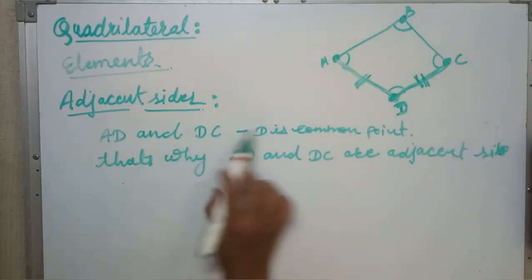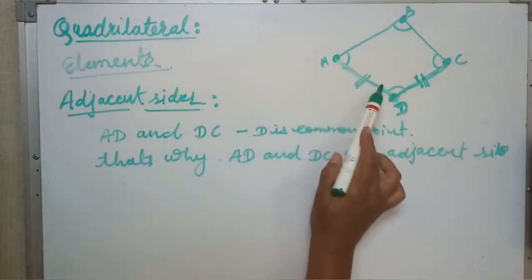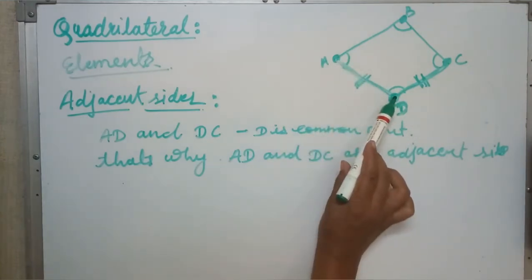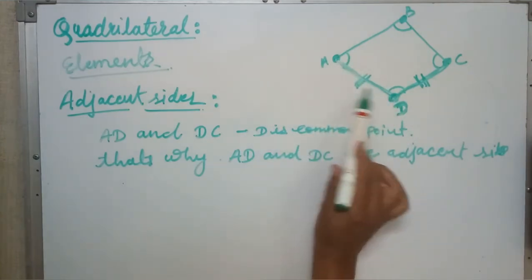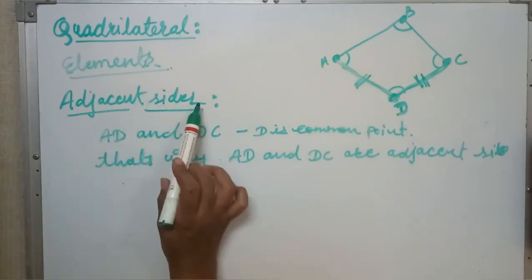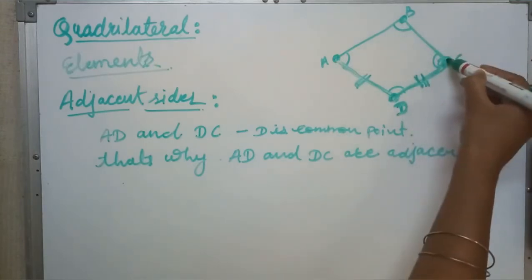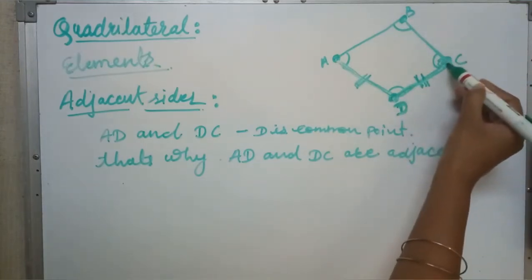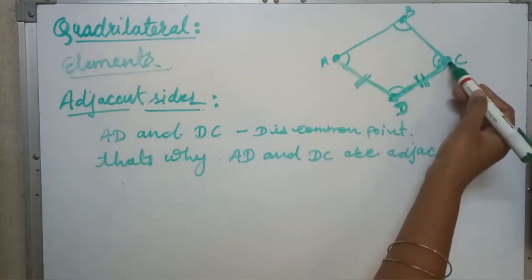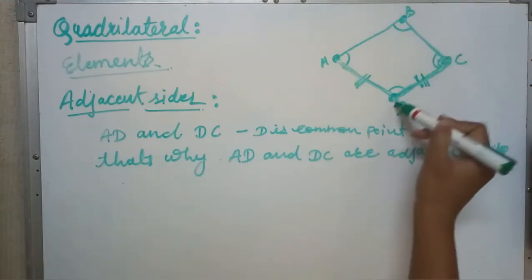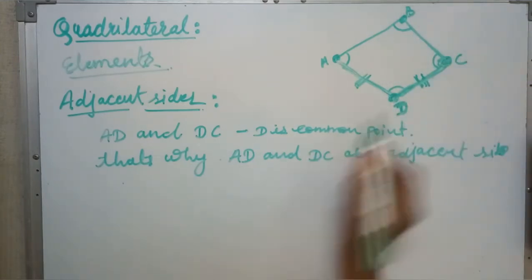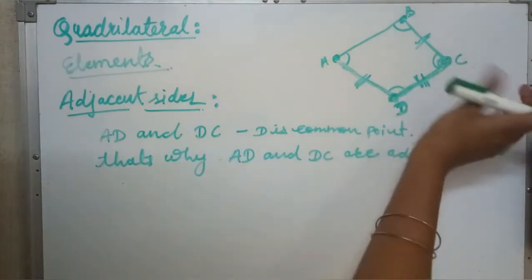Means if two sides of a quadrilateral have a common end point, then those two sides are called adjacent sides. In sides BC and DC, C is the common end point, that's why BC and DC are adjacent sides.